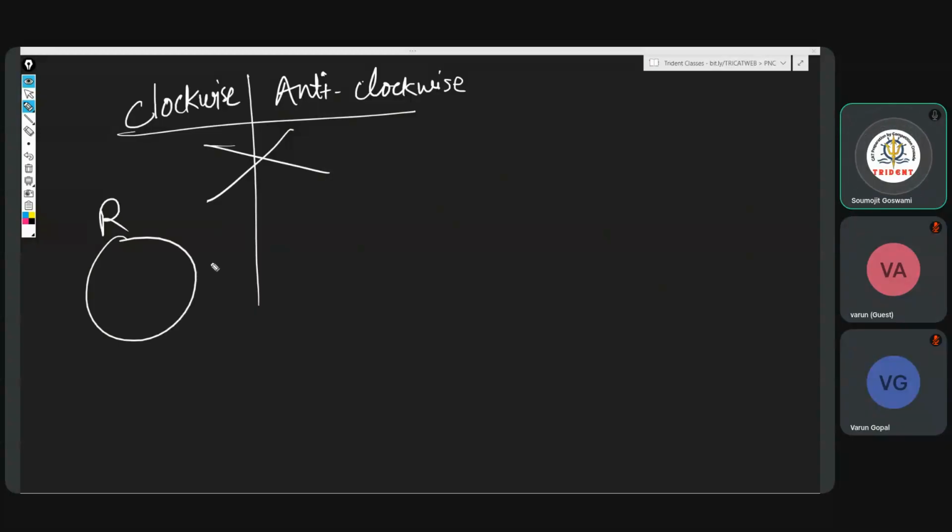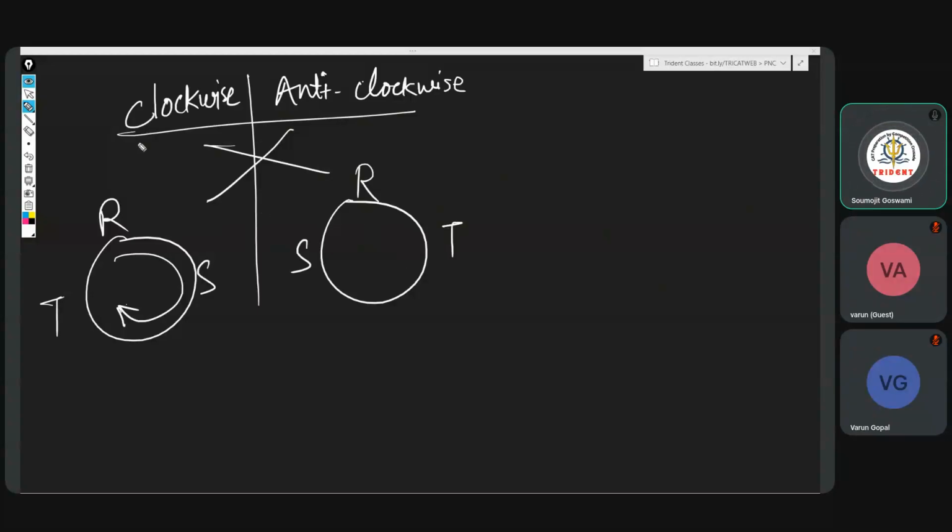With Ramesh, Suresh, Tarzan, if I go in the clockwise direction, I will have multiple orientations. But you can very well see the clockwise is very different from anti-clockwise. One will give you Ramesh, Suresh, Tarzan, Ramesh, Suresh, Tarzan, and if you go anti-clockwise, it is RTS, RTS, RTS. Over here, the clockwise and the anti-clockwise will have a difference. With the beads, that difference does not exist because the beads are identical.